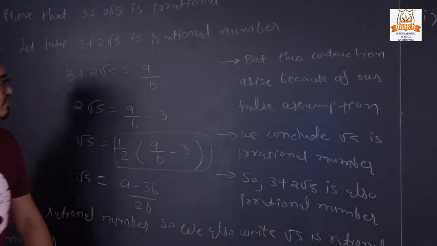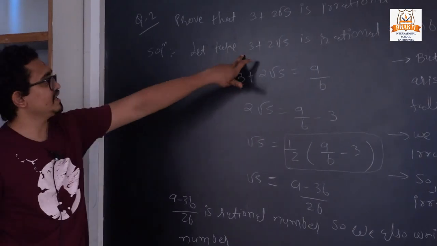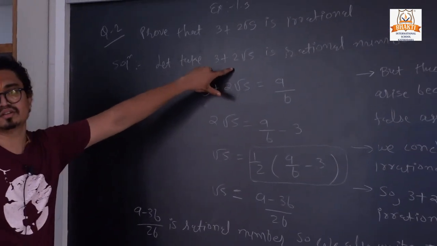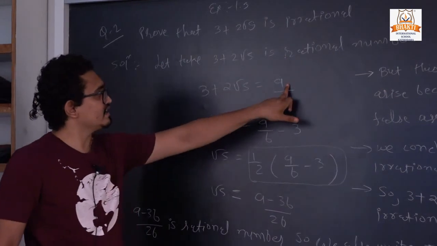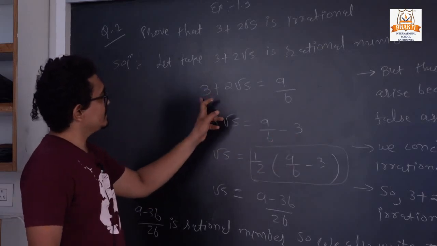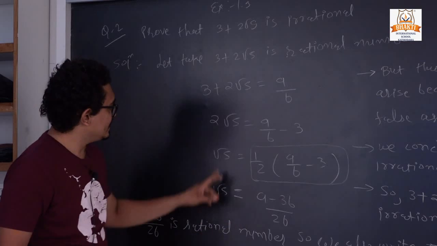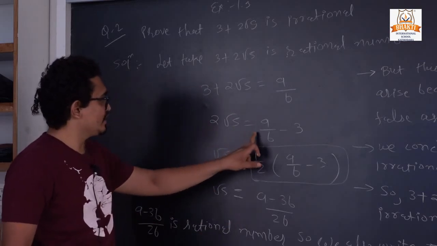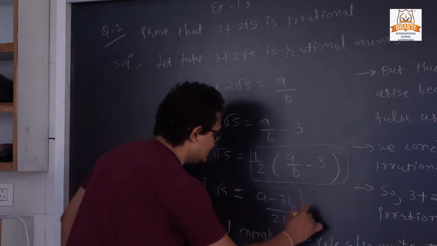Once again we can repeat that sum. First of all, we start with the false assumption. If it is rational, we can write it in A upon B form, and then we can simplify it. If this term is going to the second side, it becomes minus, and then the 2 goes to the second side, so it will be the denominator. We simplify and finally reach that step.